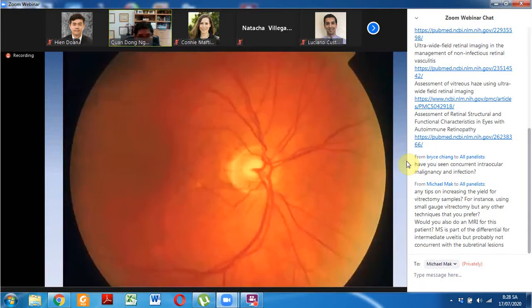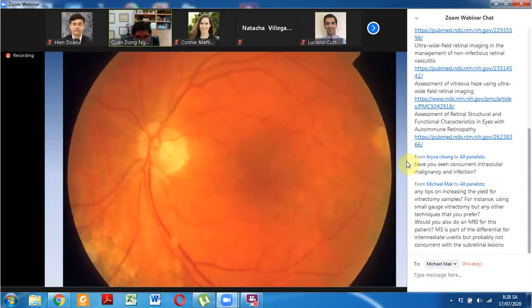Here, as you can see, this is the right eye, and this is the left eye after radiation therapy to the eye. It did work, and it worked quite well. But unfortunately, we as ophthalmologists have to be really strong when we discuss this type of case with our colleagues in oncology, to make sure that the patient is treated properly.